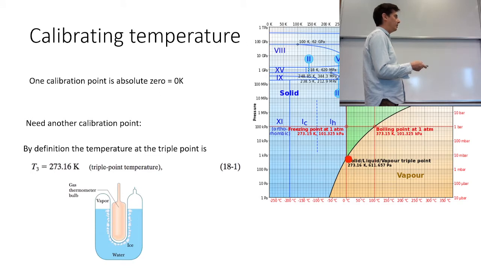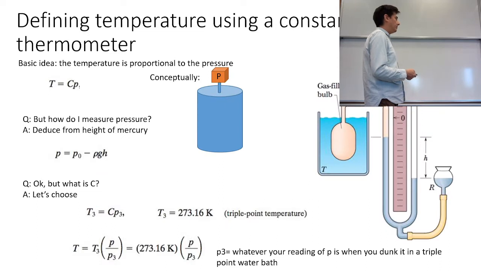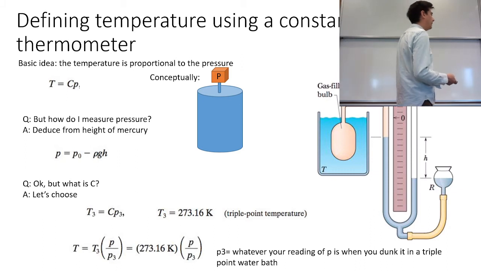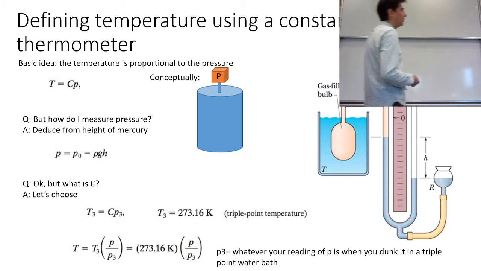This only occurs at a particular temperature and pressure, and also the absolute zero. Using this setup, you can make a kind of thermometer, and then you calibrate it by putting this bulb into systems with various temperatures.